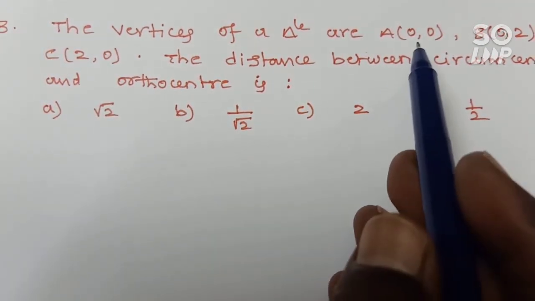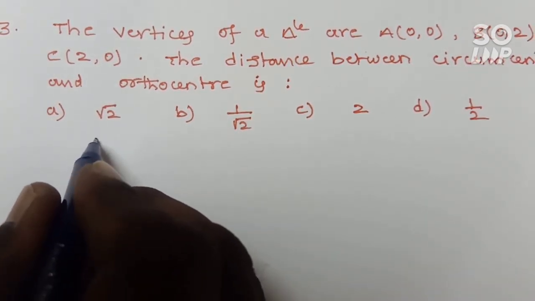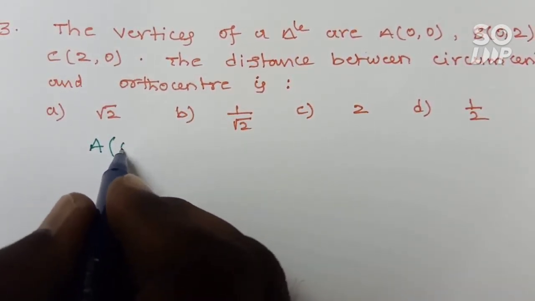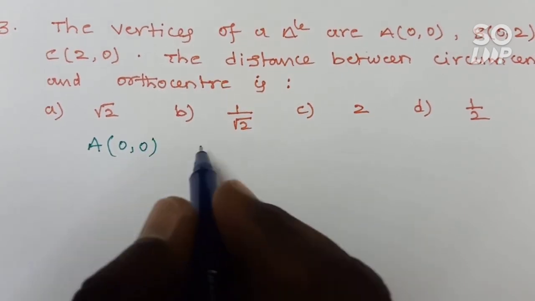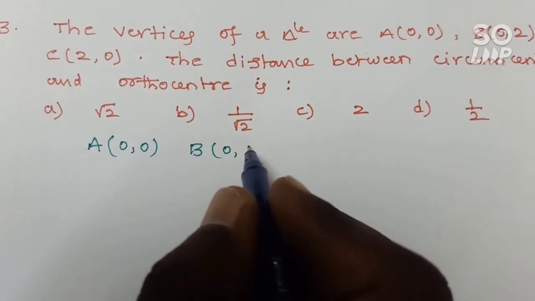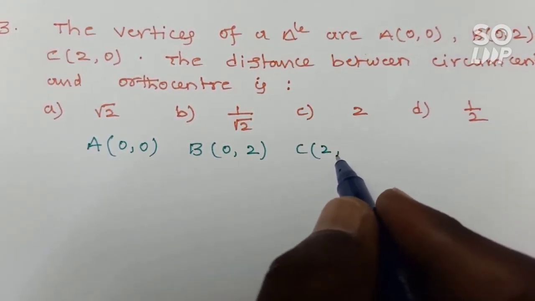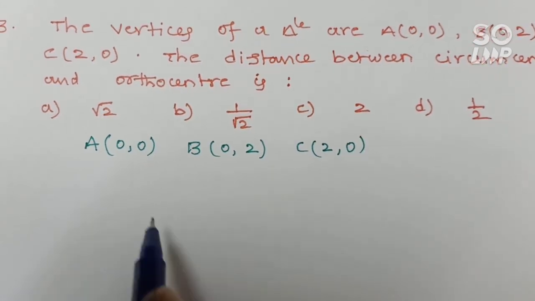That means clearly these vertices form a right angle. Look at this one: point A is 0, 0, point B is 0, 2, and point C is 2, 0.